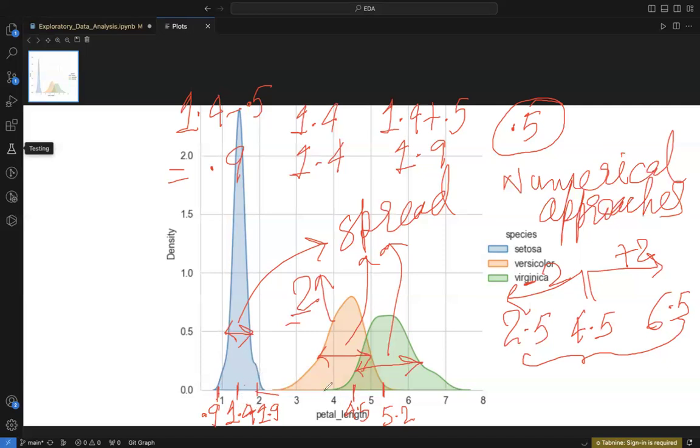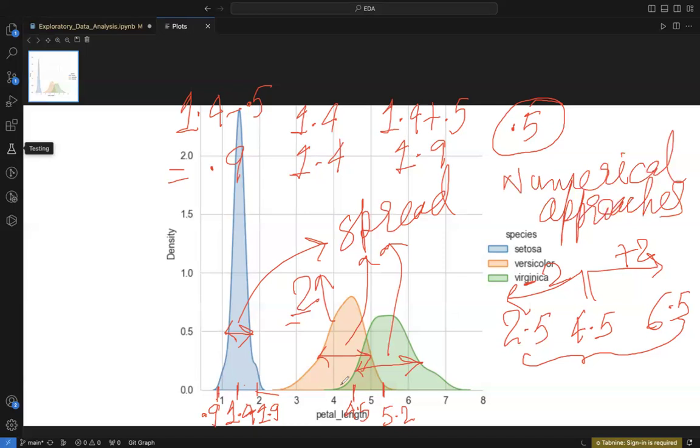We are looking at it from a plot and saying this. Imagine if you didn't have a plot and we wanted some numerical representation of spread. What I have used as a spread can be thought of as a variance. So let's understand what variance is.